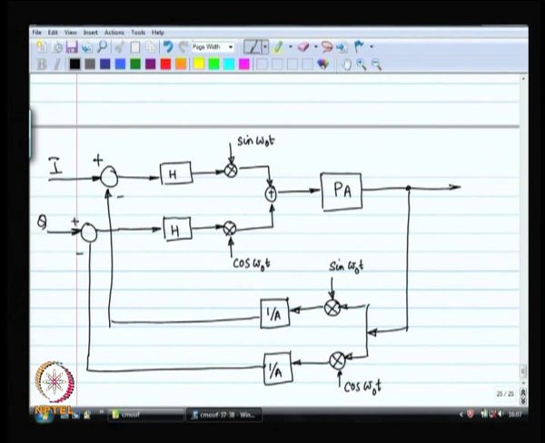This is actually a very popular architecture as far as the transmitter is concerned. So, the signals I and Q are directly coming from a D to A converter, right, and they are not exactly at DC, because it is hard to make the feedback mixer function in direct down conversion.